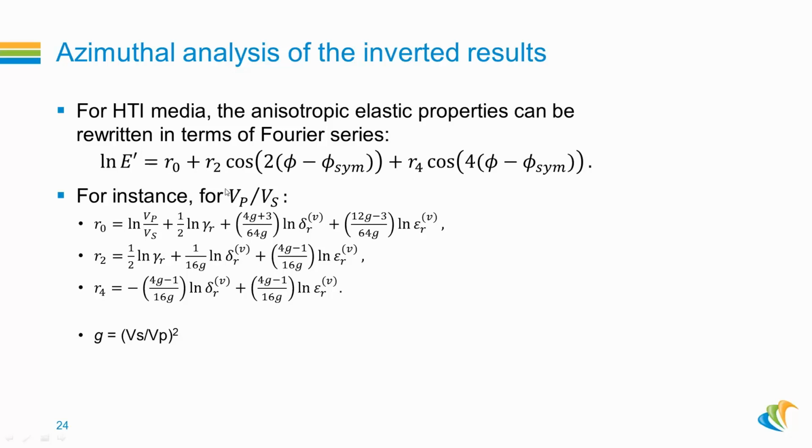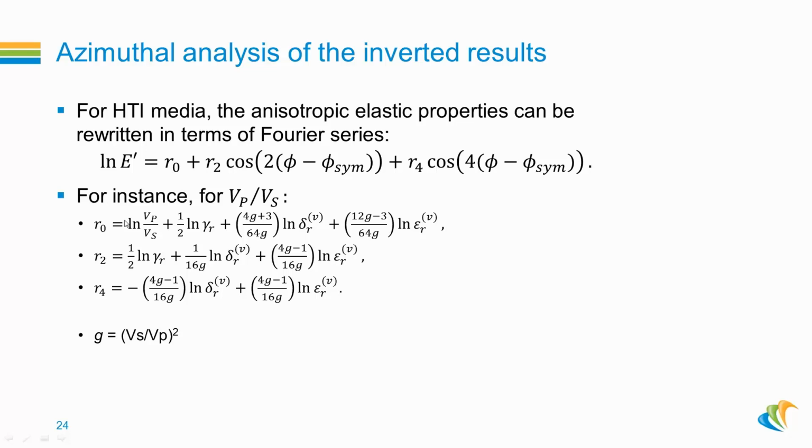There are three terms in this Fourier series: the DC component, a second Fourier term and a fourth Fourier term, so R0, R2 and R4. Because we know our effective elastic parameters for any outcome of the inversion, VP/VS or shear impedance or density, we can write out the R0, R2 and R4. We know the amplitudes of those Fourier coefficients.